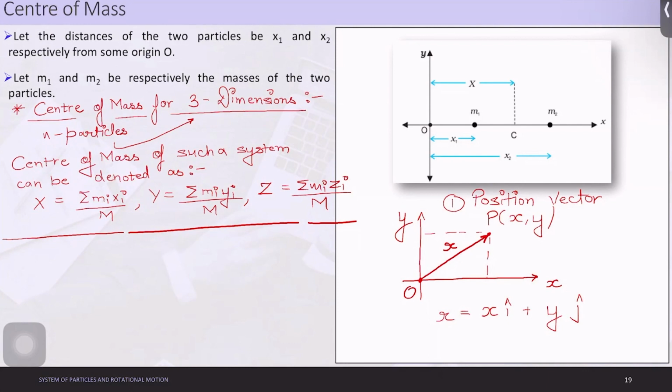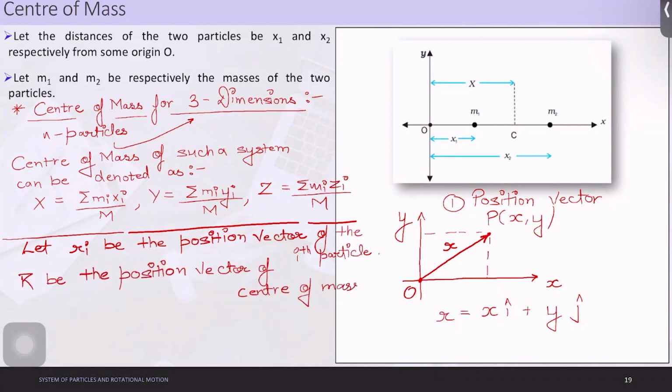So now let us assume, for 3 axes, let ri be the position vector of the ith particle and let capital R be the position vector of the center of mass. What can we write?